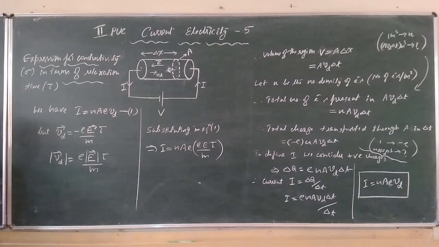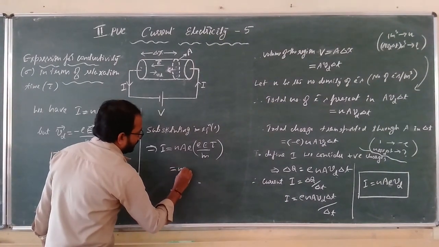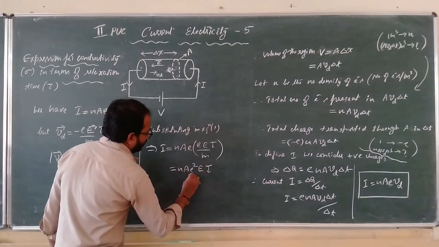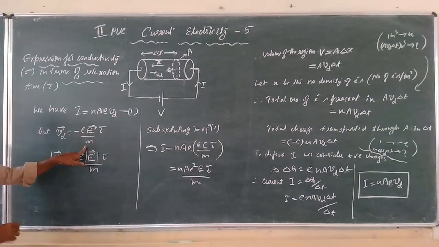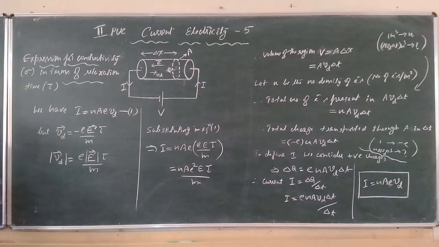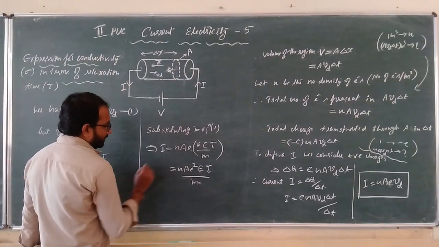Therefore this is equal to n A e square E tau by m. What is m? m is the mass of the electron, as you know, 9.11 × 10 to the power of minus 31 kg. So that is the expression for current.